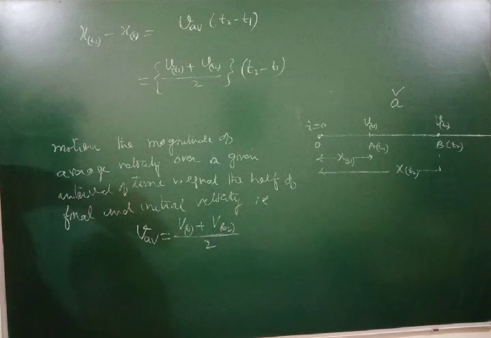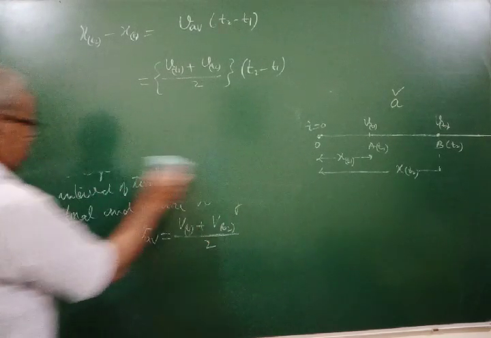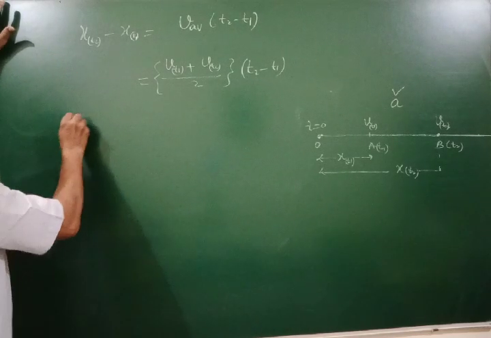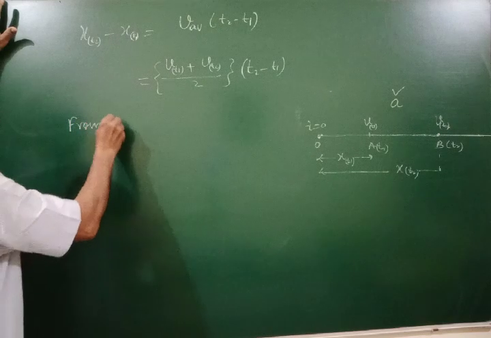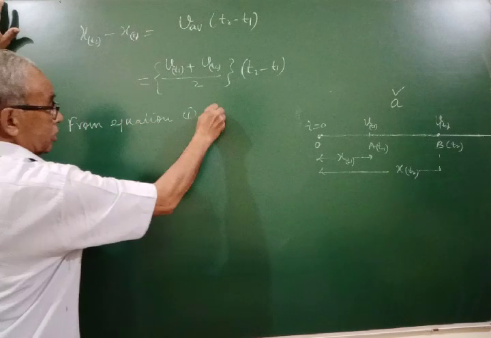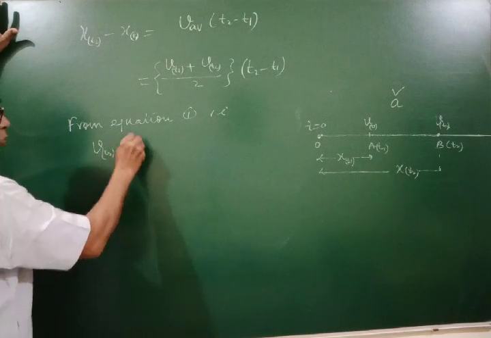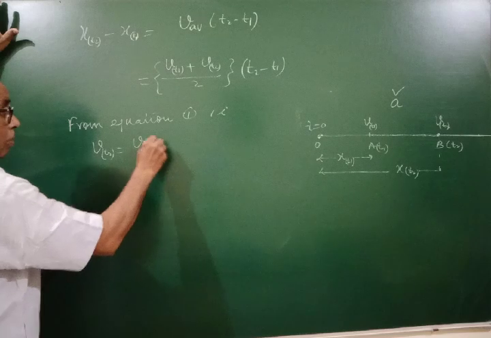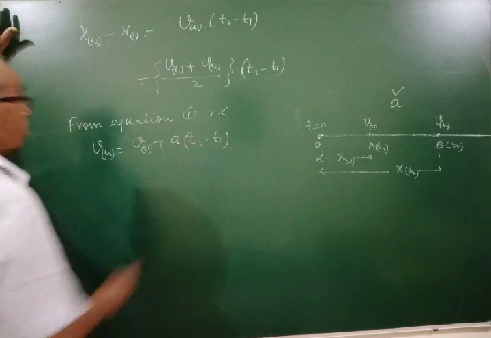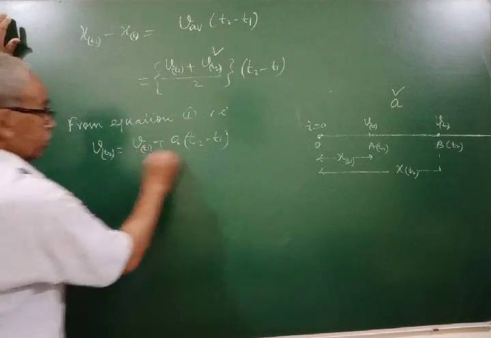Now, from equation 1, you know that Vt2 is equal to Vt1 plus a into (t2 minus t1). So here in place of Vt2, we write this thing.